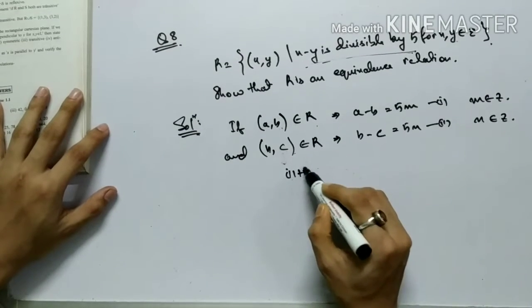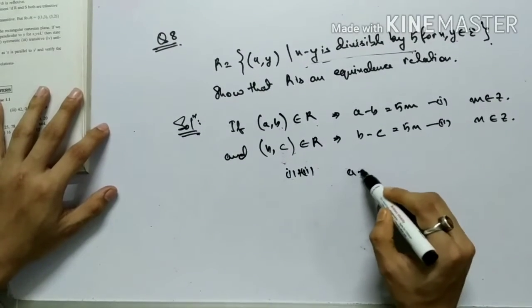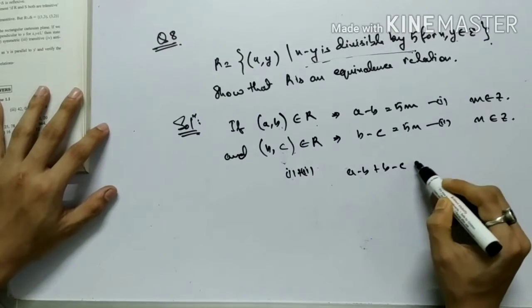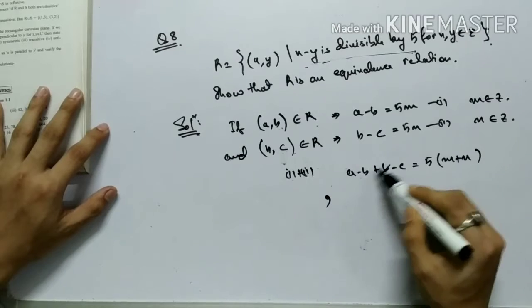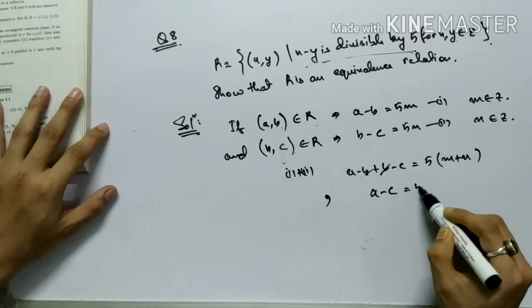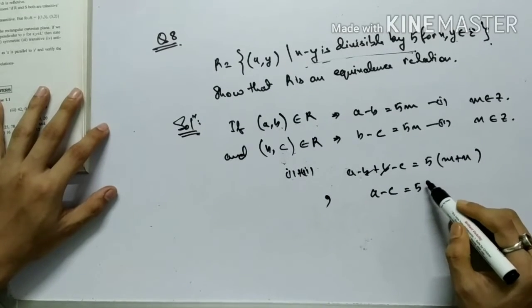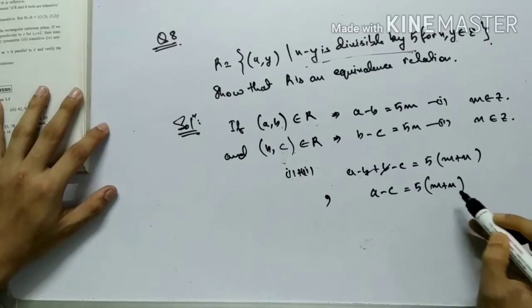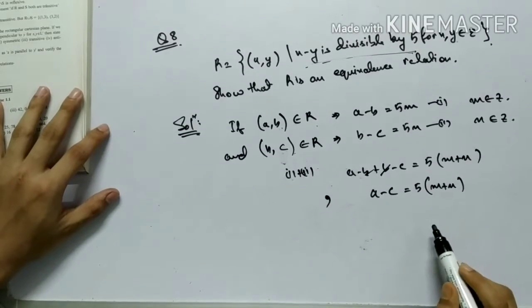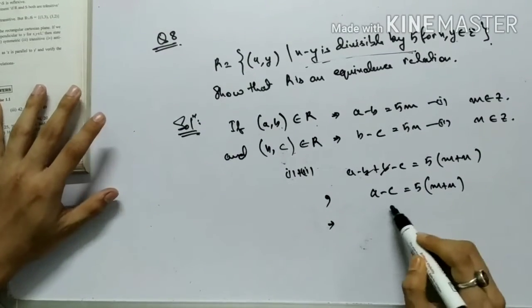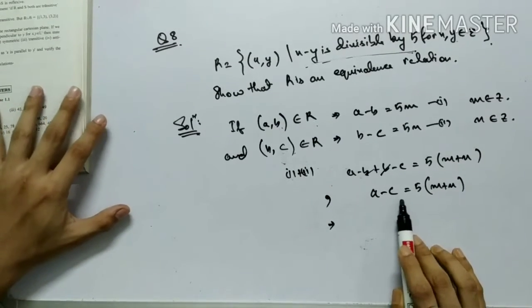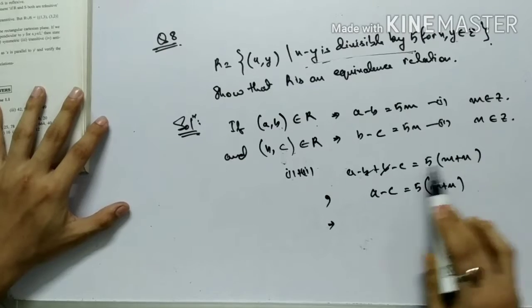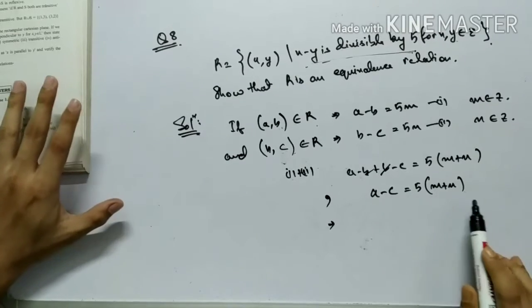Now if I add equation 1 and 2, A minus B plus B minus C is equal to 5m plus 5n. So B cancels, and A minus C equals 5 times (m plus n). From this I show that A minus C is a multiple of 5.